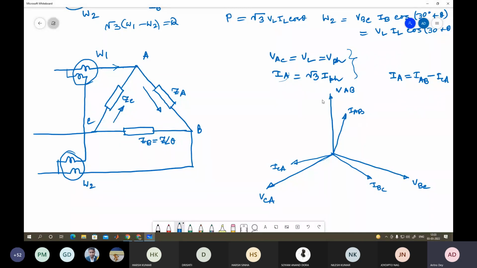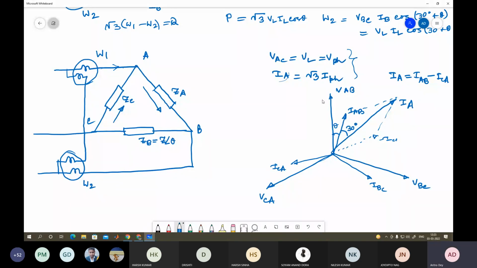If you take ICA this side, this is theta. This is ICA, I minus ICA. So if you take the phasor sum of these two, this is your IA, right? And this angle is equal to 30 degree.